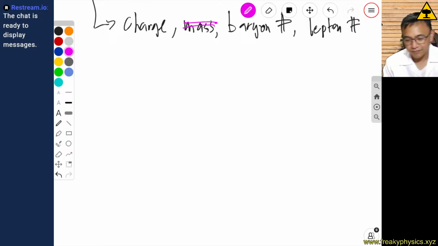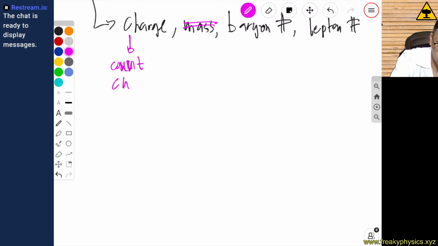Now, in order for us to understand this better, let's do this first. Charge is conserved, so this means just count charges. There are no special rules for this.